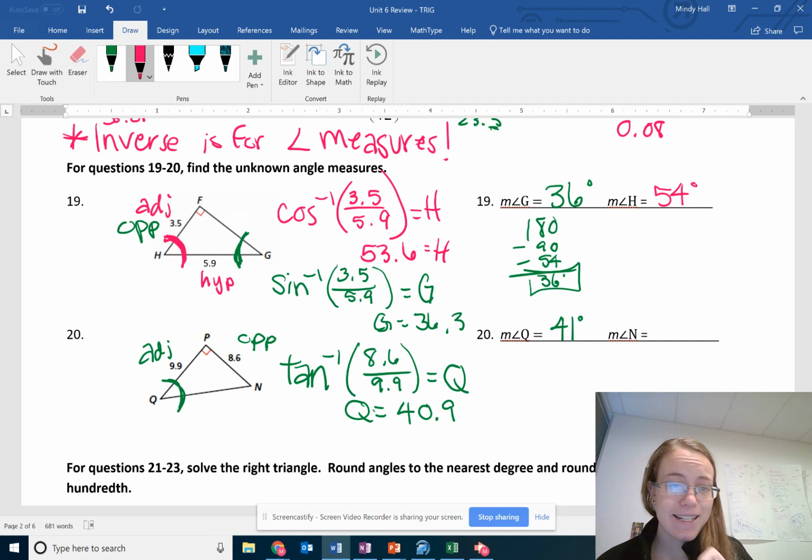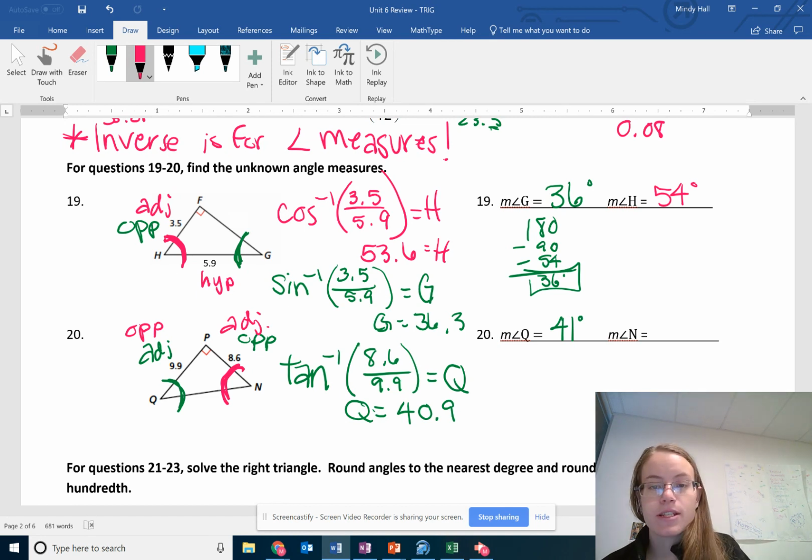And to find angle N, if you just want to practice the trig, my adjacent is now opposite, and my opposite is now adjacent because we just switched sides. So then you're still going to use inverse tangent, but instead of 9.9 being the denominator, it is now the numerator over 8.6, like that.